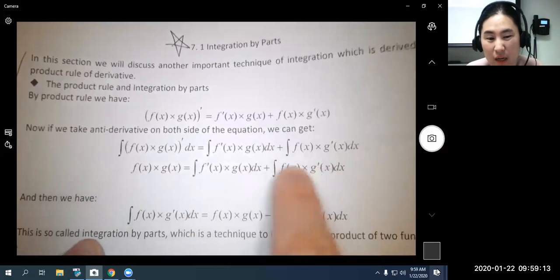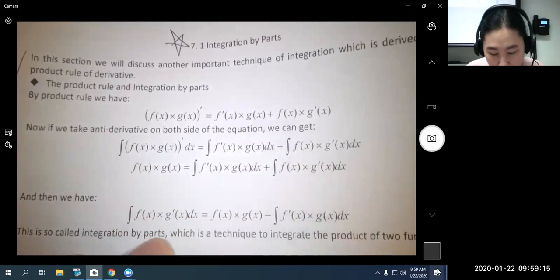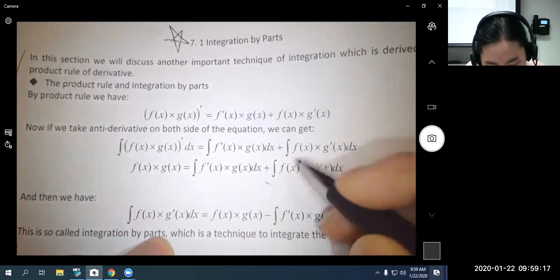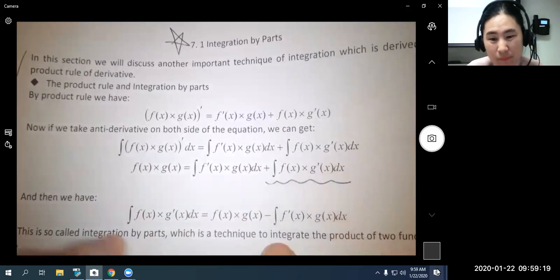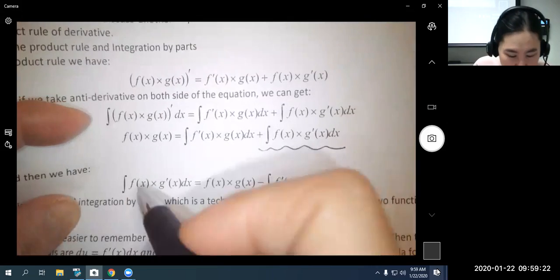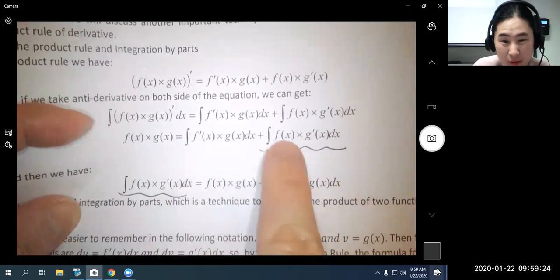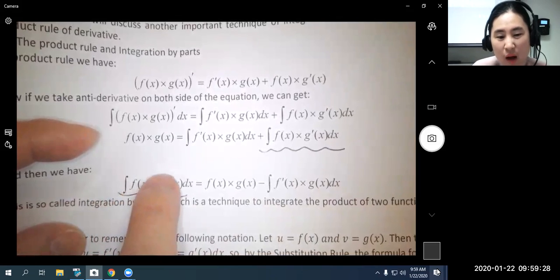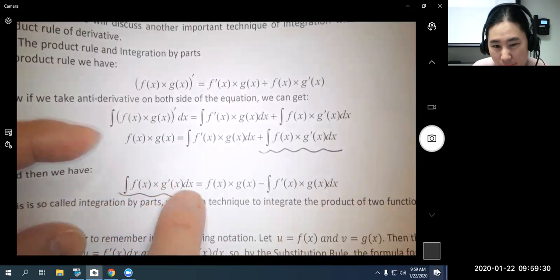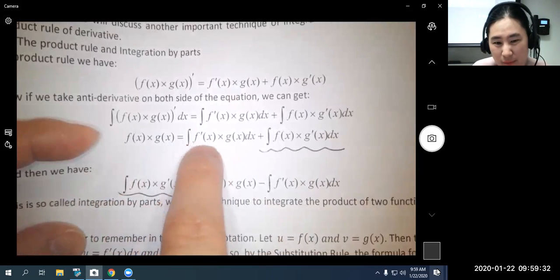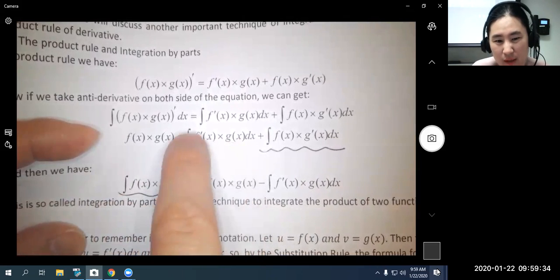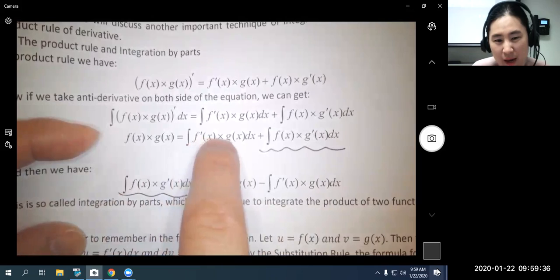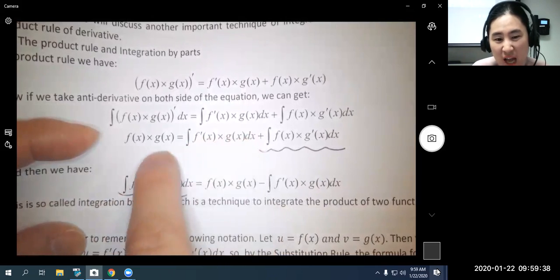Now from this equation, in order to isolate this integral, you see that these two are the same. In order to find the integral of f times g prime dx, we're going to subtract the integral of f prime of x times g from both sides.